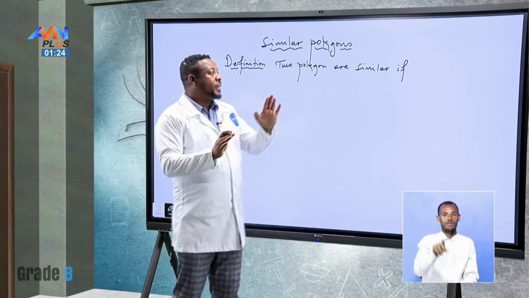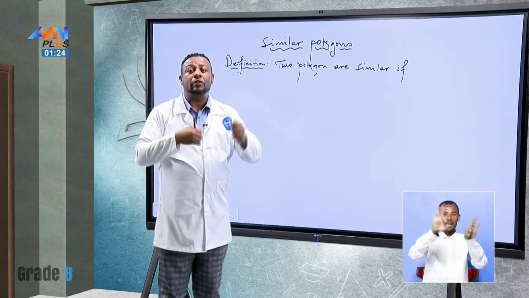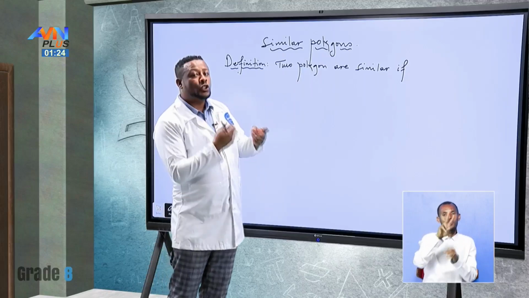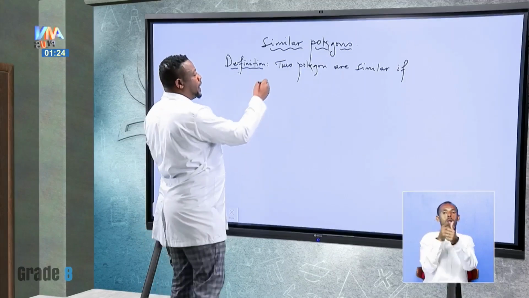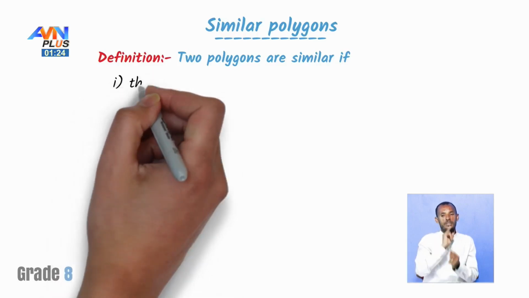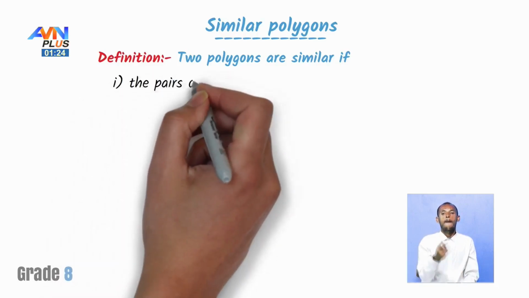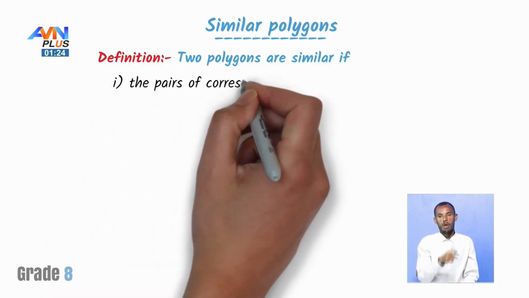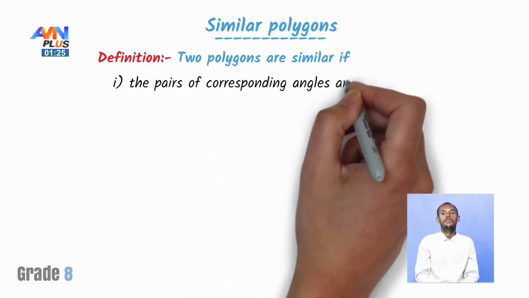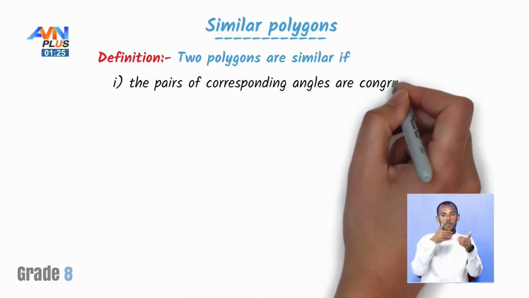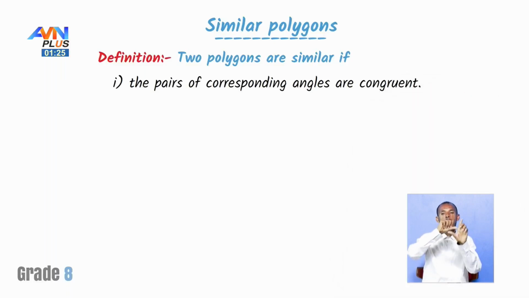Okay, there is a necessary and sufficient condition for two polygons to be similar. One of the conditions is the pairs of corresponding angles are congruent.